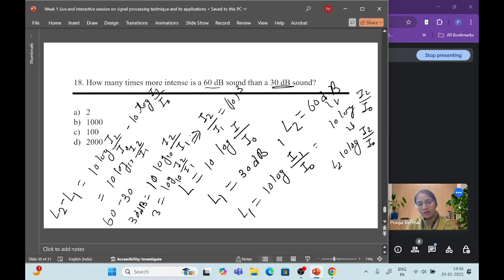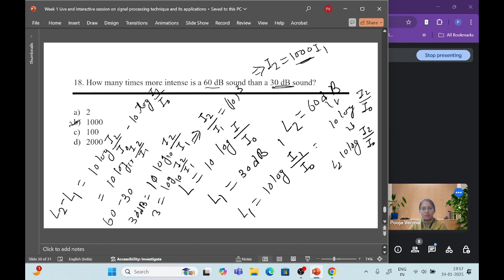They are not asking in dB, so we convert from dB to a normal scale. So I2 is equal to 1000 times I1. How many times more intense is the 60 dB sound than the 30 dB? That means 1000 times. Option B is the correct answer for this question.